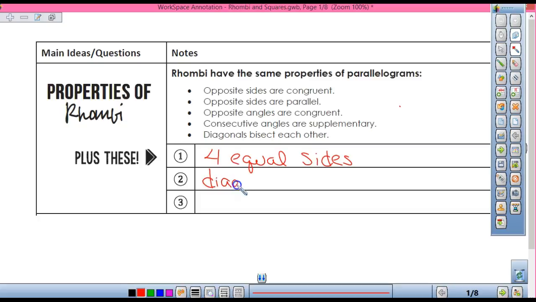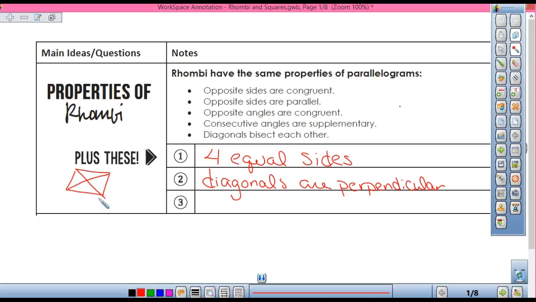Now, the diagonals are perpendicular. What's that mean? What's perpendicular mean? Well, that's just intersecting. Come on, guys, you know this. If you don't know what perpendicular means, we're in really big trouble, because this is something you've known for years.